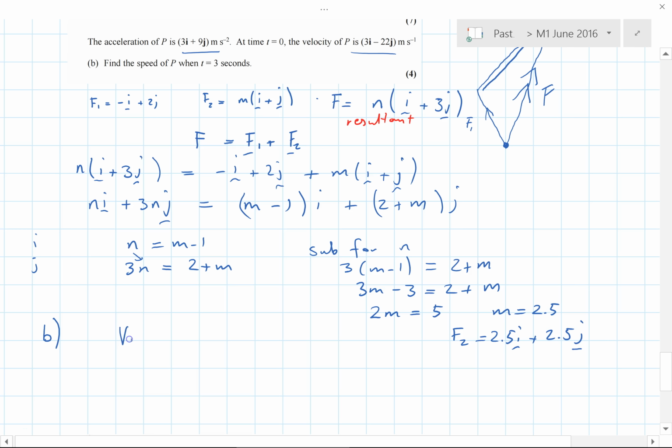So if we call v when t equals 3, it is equal to u, which is the initial velocity, 3i minus 22j, plus 3 times 3i plus 9j. So I'm using v equals u plus at there.